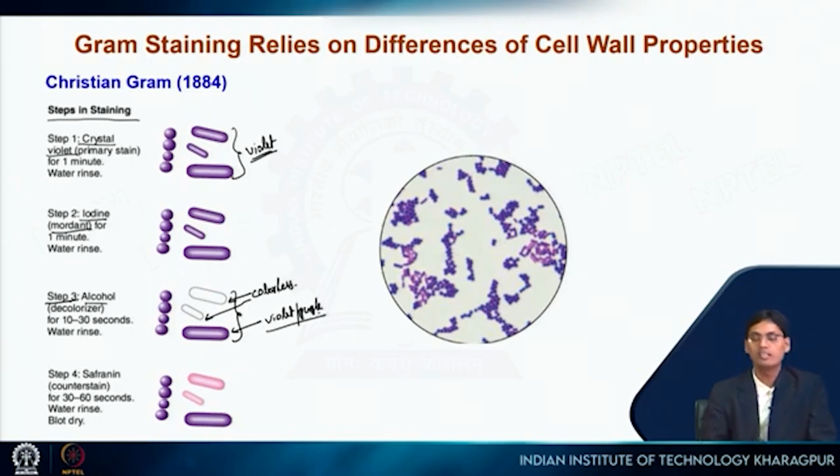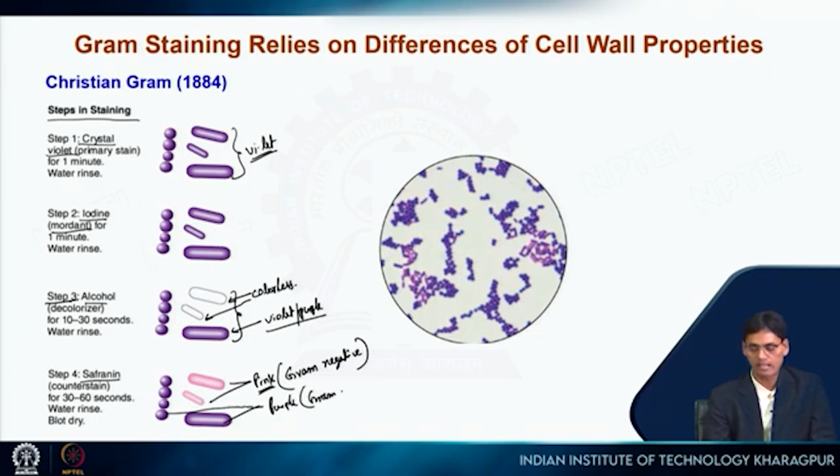After this step, we add a counter stain, that is safranin, which is a pink color. And as you can see, those colorless bacteria are now pink in color. The bacteria that are pink after this staining method, we say, are gram negative bacteria, and purple ones are gram positive bacteria.